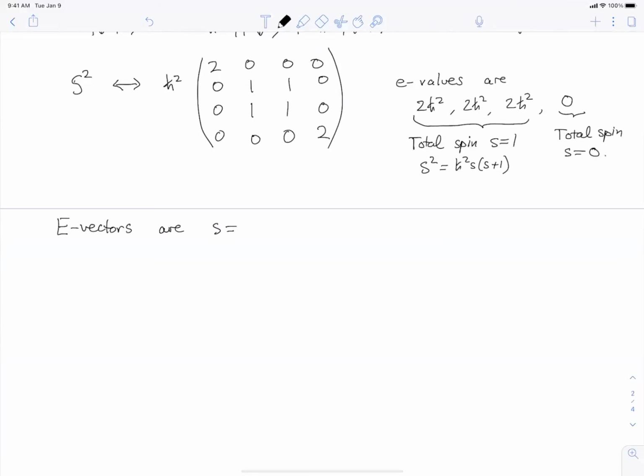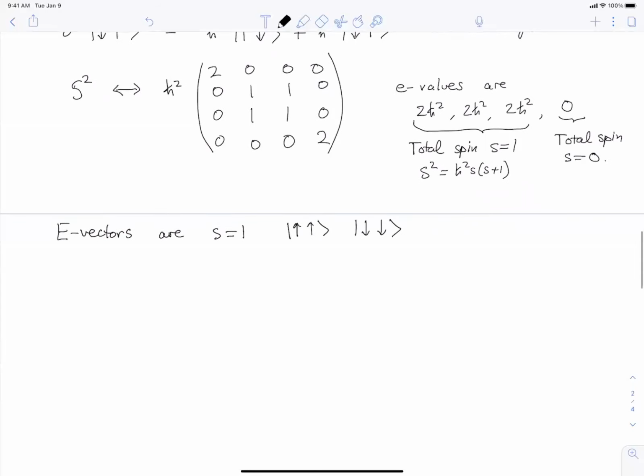for the S equals 1 eigenvalue, we already found that they were, oops, that's not right. They were up arrow, and down arrow were 2 of them. And then the one that comes from looking at this part turns out to be just 1 over root 2, up arrow, down arrow, plus down arrow, up arrow.